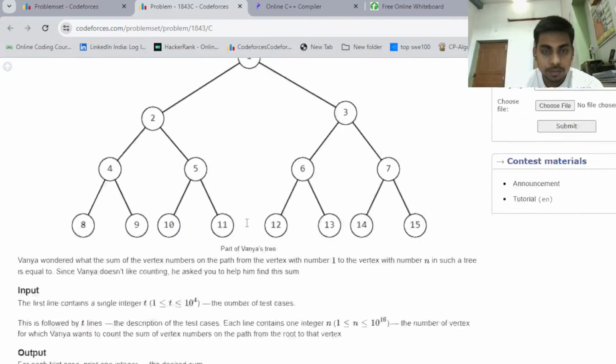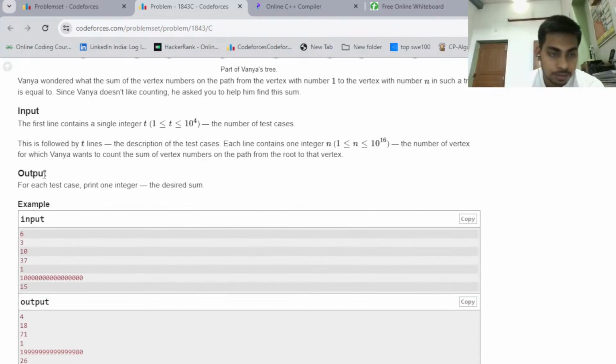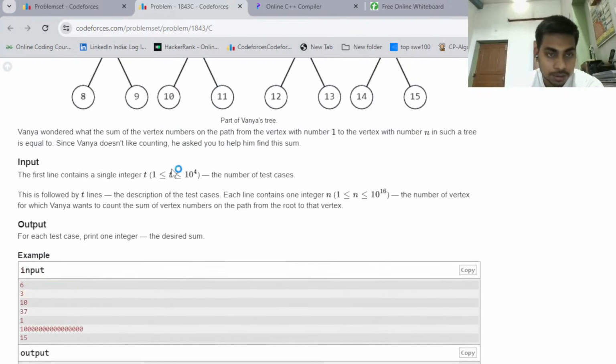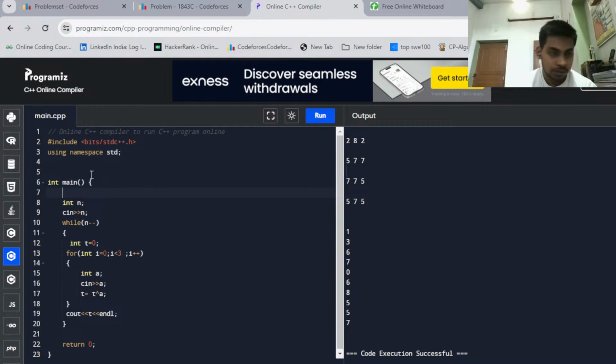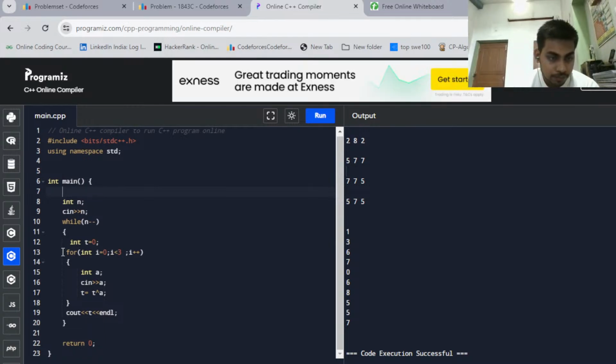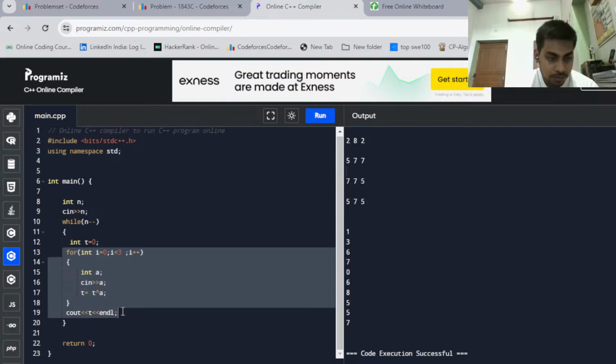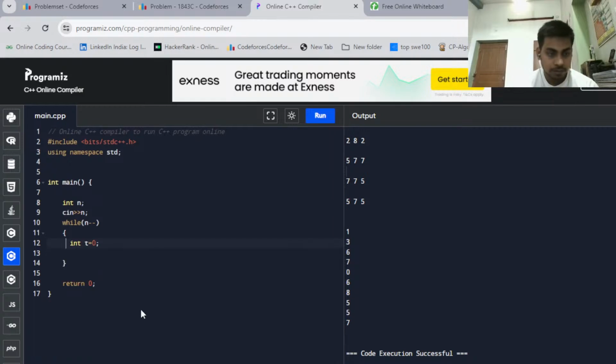Okay, so let's solve this. We have to take one input n, and test cases are there. I think there is no need of this, so just remove it. Instead of n we can take p, it will be more meaningful.